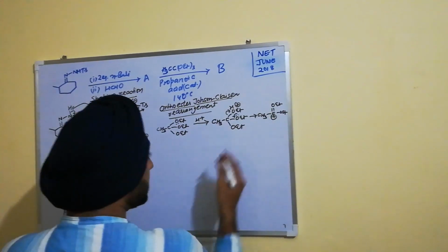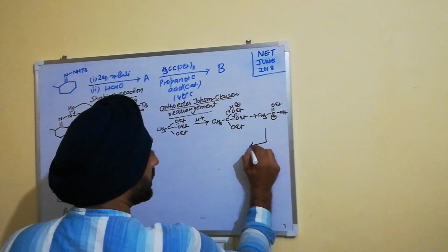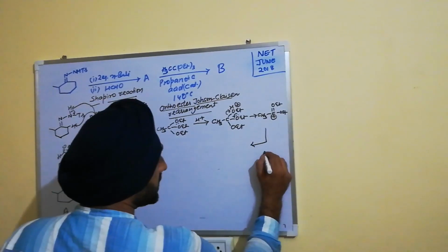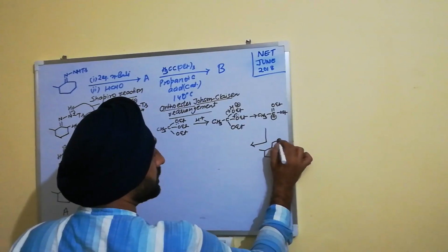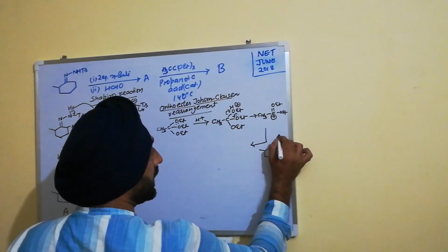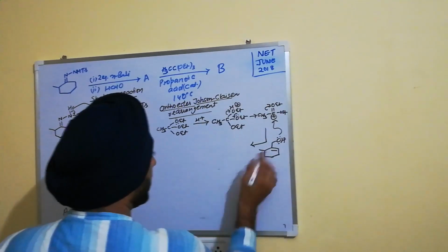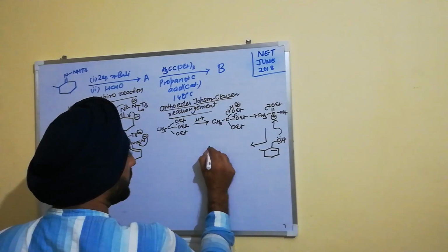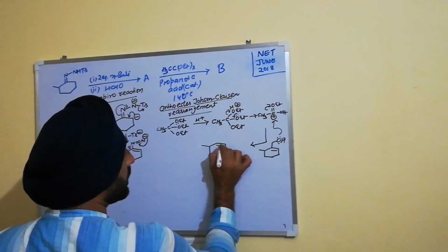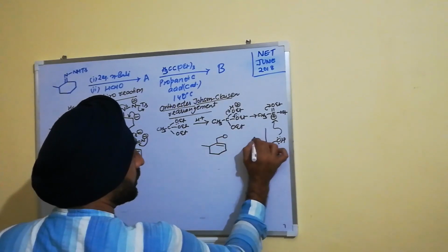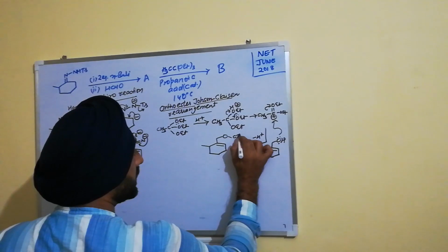Now what happens here? Compound A, which is an alcohol, attacks the species, and it leads to the formation of this intermediate, minus H plus.